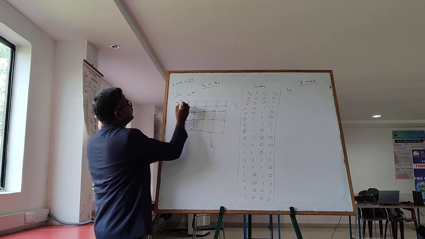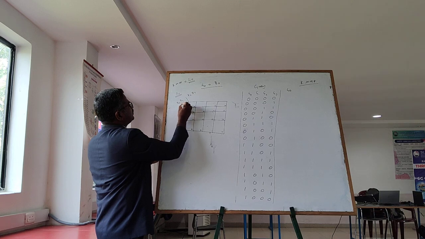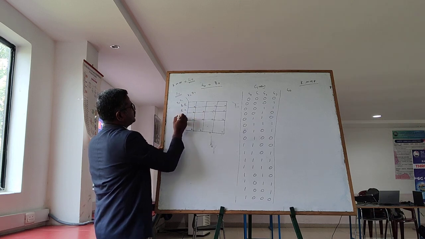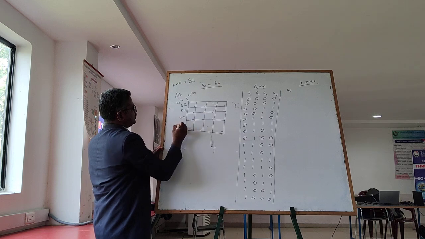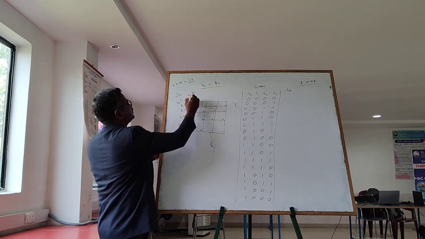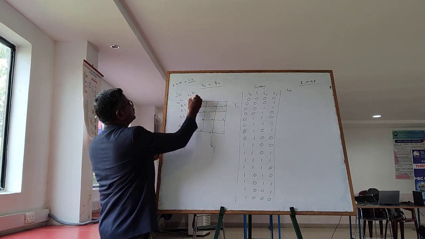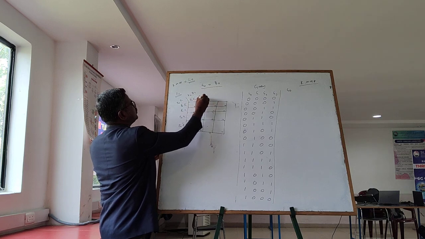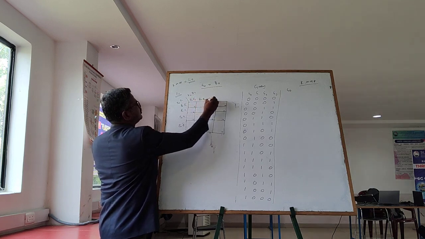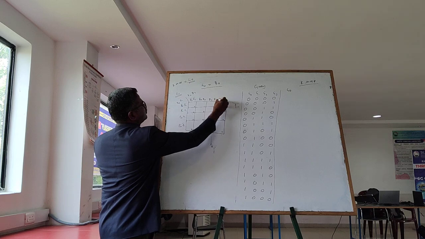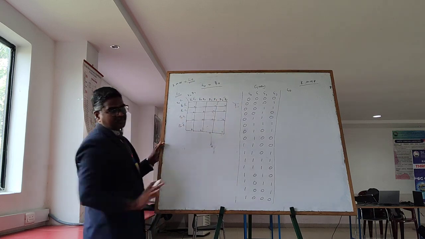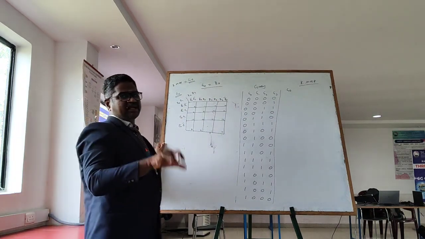B0, B1: 0 0, that means B0 bar B1 bar, then B0 bar B1, B0 B1, B0 B1 bar. That is 0 0, 0 1, 1 1, 1 0. Similarly here, B2 bar B3 bar, B2 bar B3, B2 B3, B2 B3 bar. This is the basic rule to design the K-map.